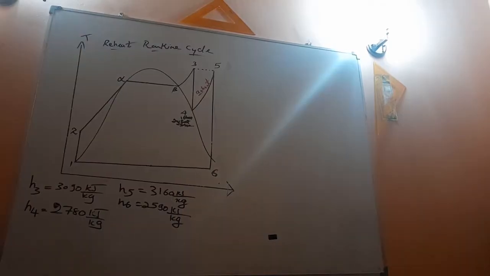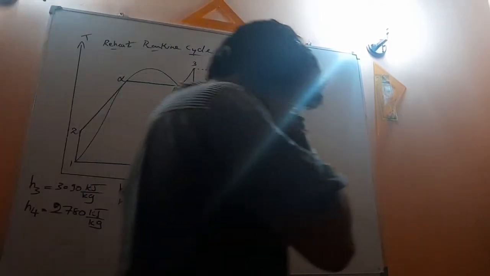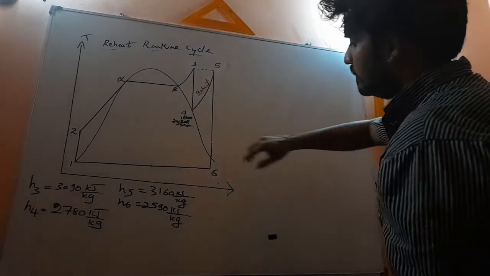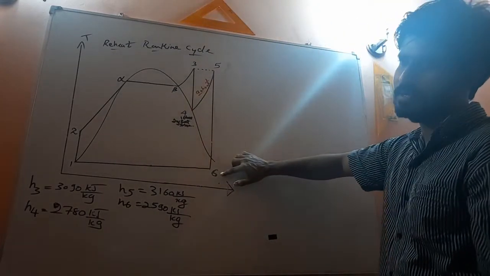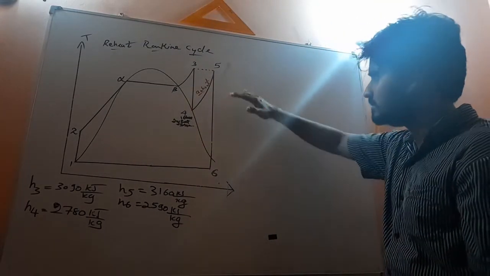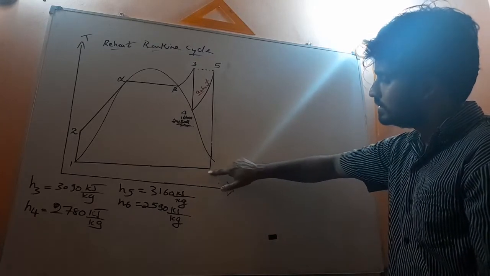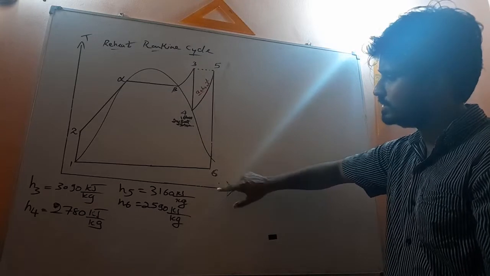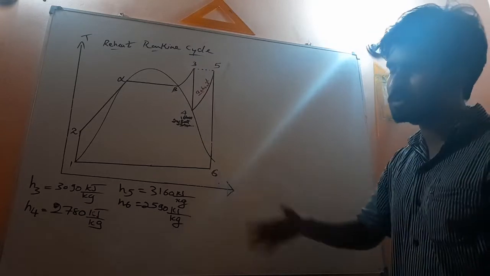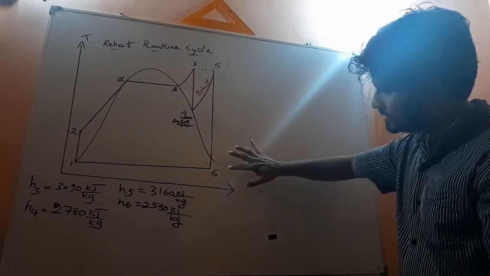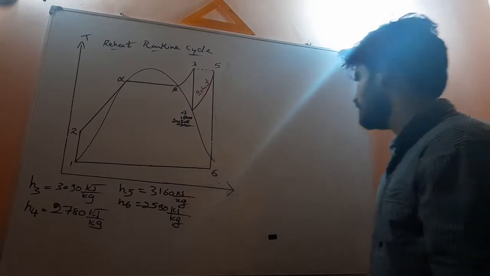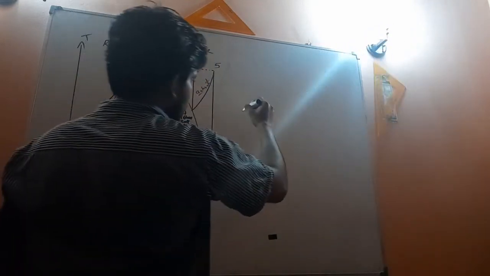Okay, so now the next part. I told you point 6 is where the final expansion stage finishes. Actually point 6 is the input to the condenser. As you can remember, this is the condenser.